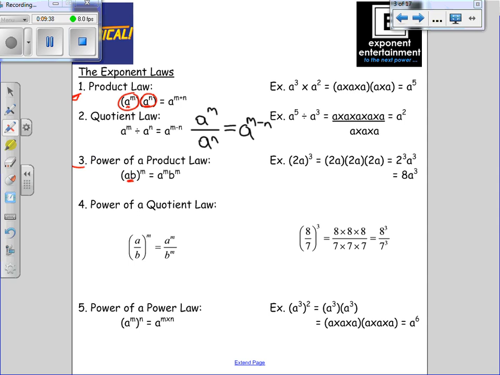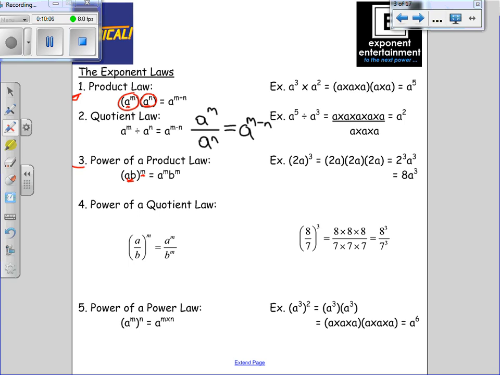So you have 2 things, say it was 2 times x, and then that was all to the power of something. That power can just sub into each part of the base. Does that make sense? So this m applies to both the a and the b. Any questions about that one?